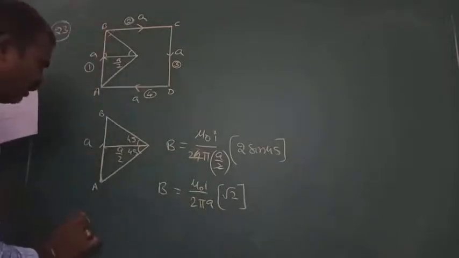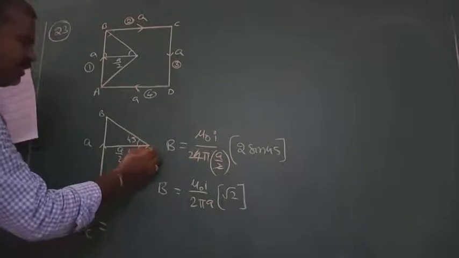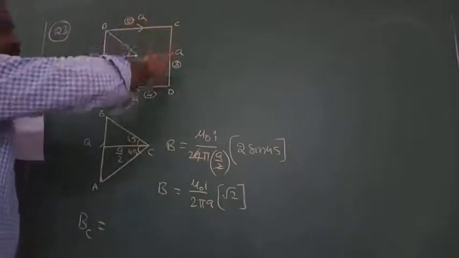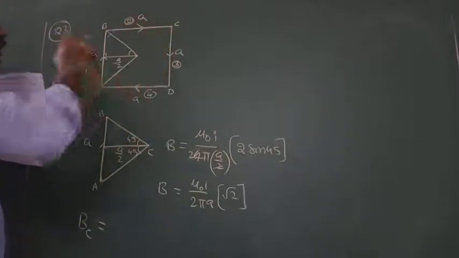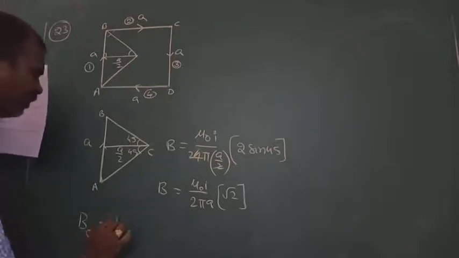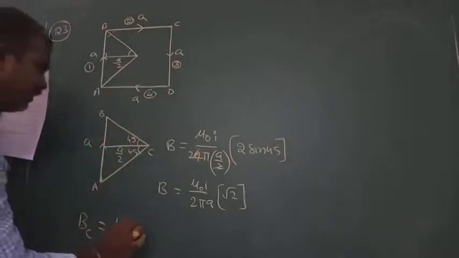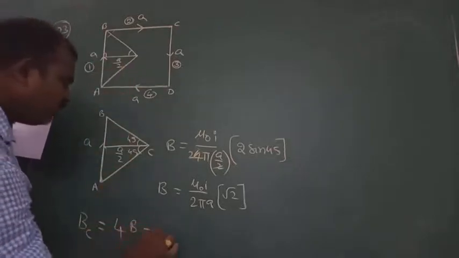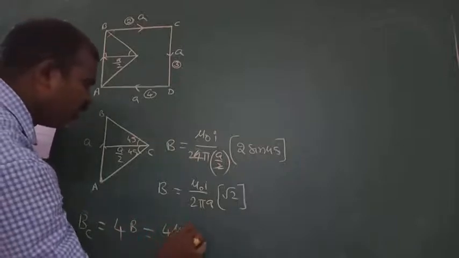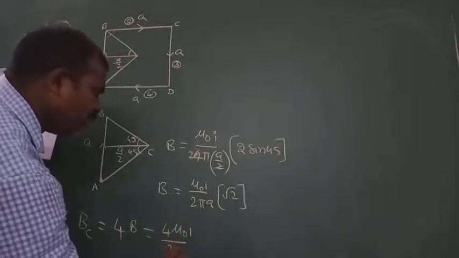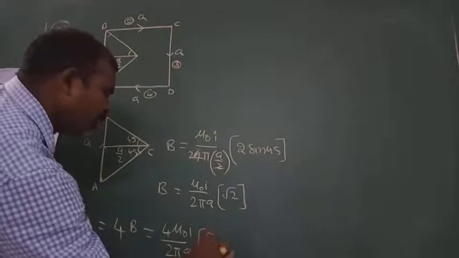What about the magnetic field induction at the center of these 4 wires? All 4 wires are similar because it is a square. Then the magnetic field induction at the center is 4 into B, which is 4 mu naught I by 2 pi A into root 2.